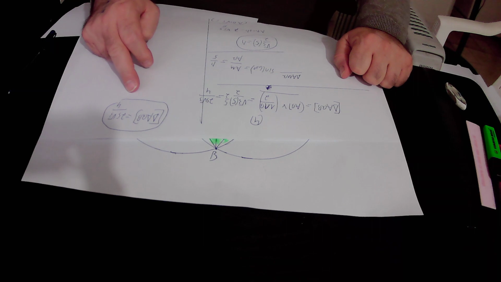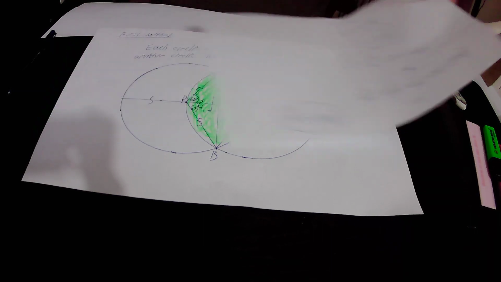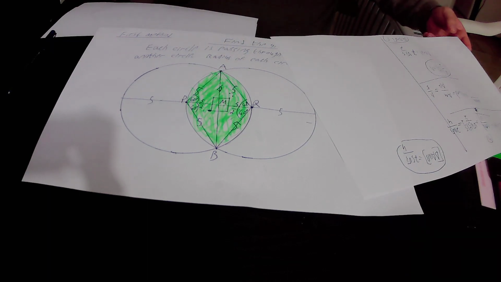So the area of triangle AQB equals 25 square root of 3 over 4 square units. Okay, that is the area of triangle AQB.